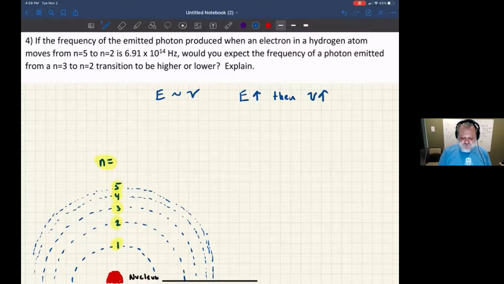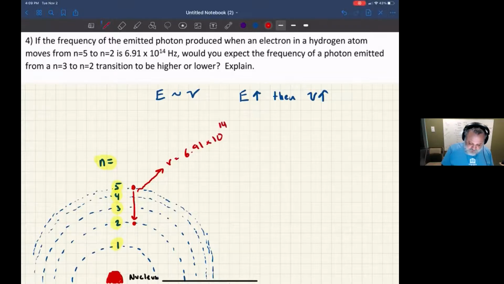There are two different transitions. One transition is an electron that transitions between 5 and 2, and it emits a photon, and that photon has a frequency equal to 6.91 times 10 to the 14th hertz.